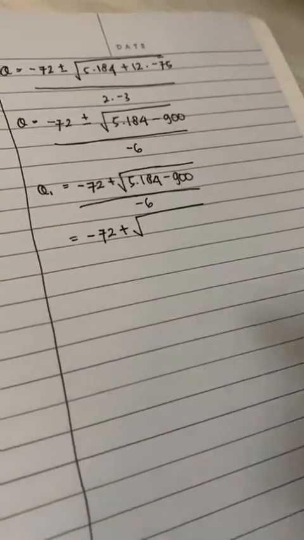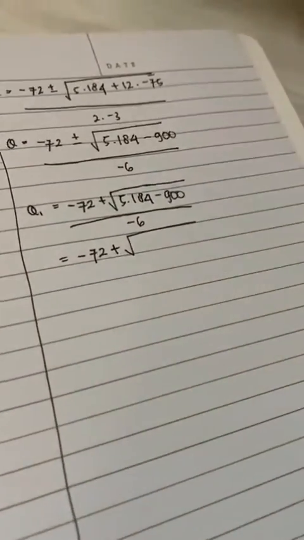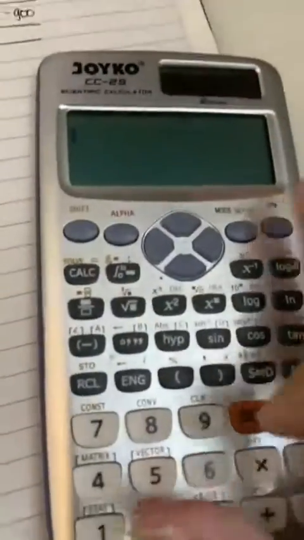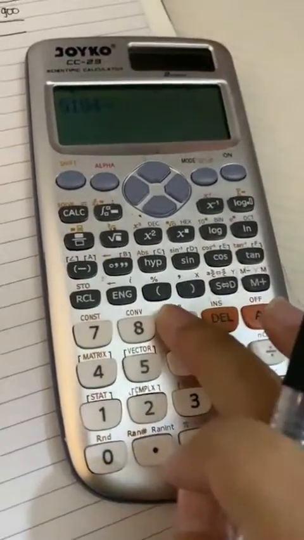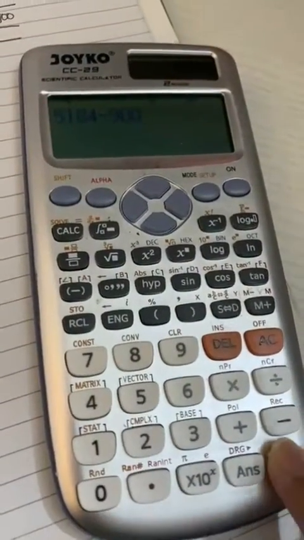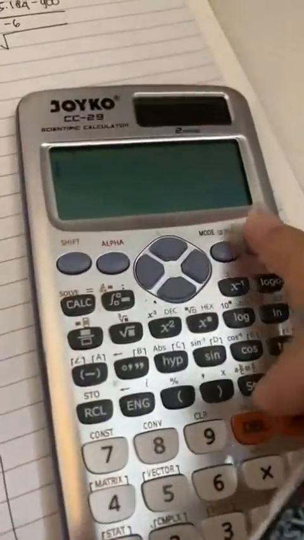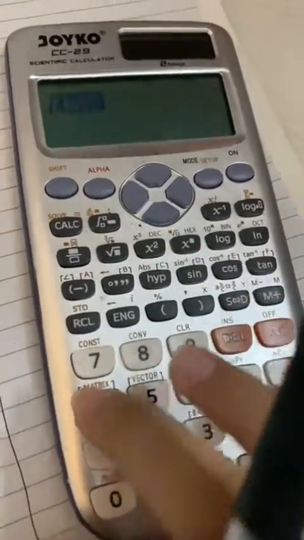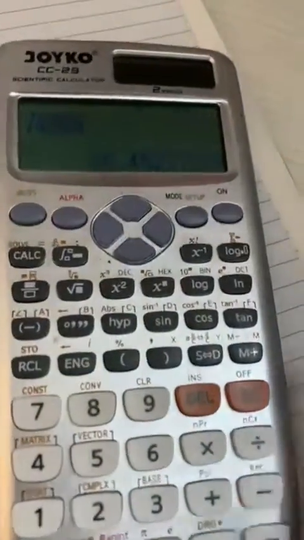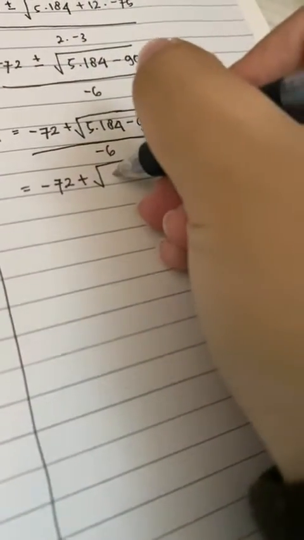We find the square root: 5184 minus 900 is 4284, and the square root is 65.45.